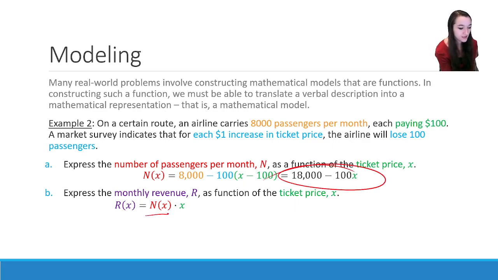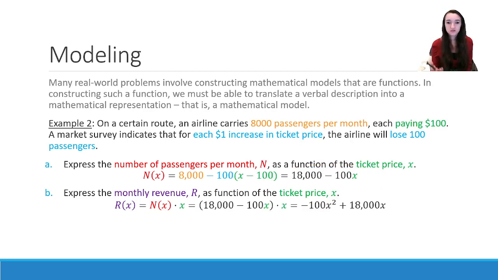So we're just going to replace n of x with that formula we found in part A. So that'll be 18,000 minus 100x, all multiplied by x, which I have distributed that x in and then rearranged in a more standard order. You don't really need to do that, but our final answer is negative 100x squared plus 18,000x.